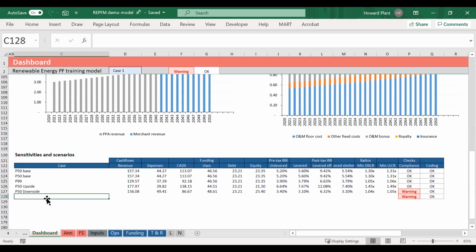And I think for me, what I love to see is if I can print off the input sheet and the output sheet, or the dashboard as I've called it, and I can understand broadly the transaction, I've done my job well. And that means if you're the analyst or an associate on the project and you're presenting this to your VP or director, if you can bear that in mind and achieve that, then you're doing a really good job.